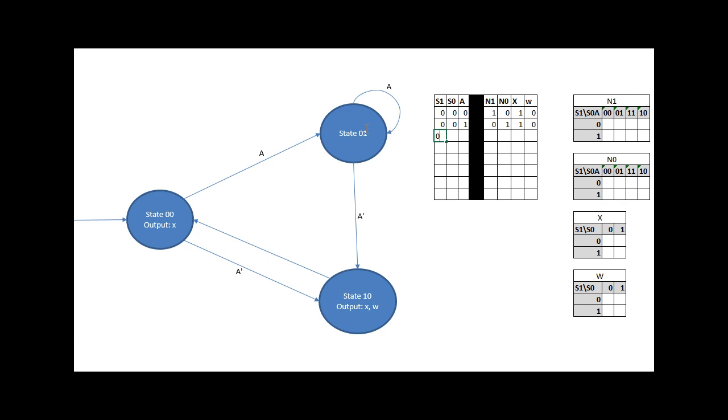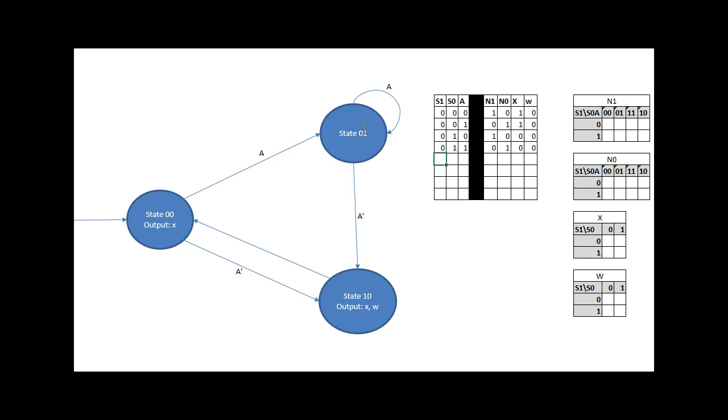Now, if I'm at state 0,1 and I assert 0, I'm going to go to state 1,0. When I was at state 0,1, X was turned off and W was turned off as well. If I'm at state 0,1 and I assert A, I'm going to go to state 0,1 again, and X was turned off, W was turned off.